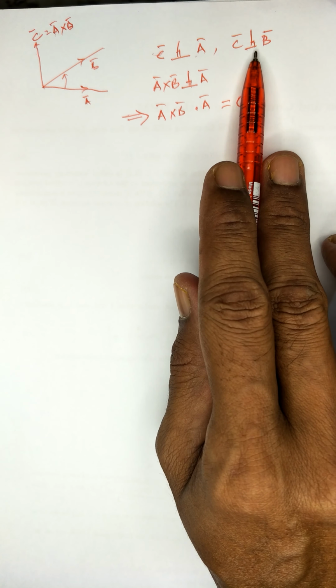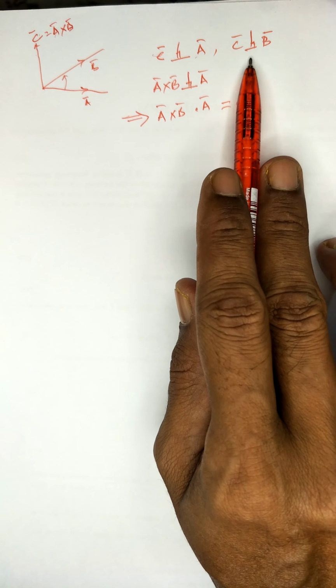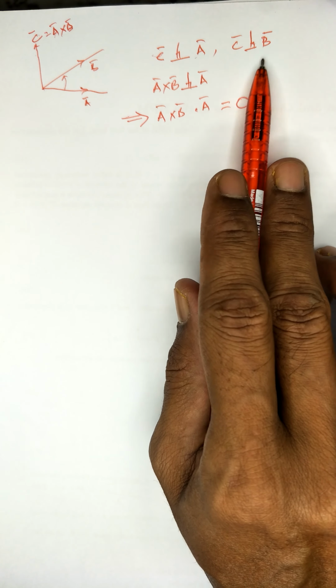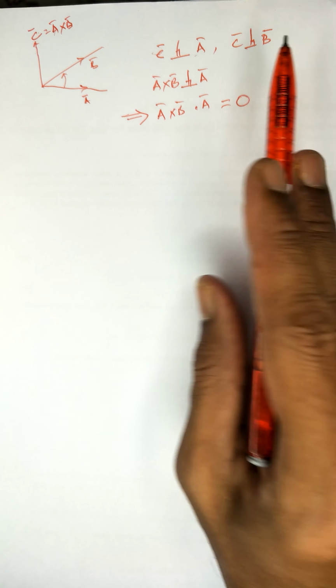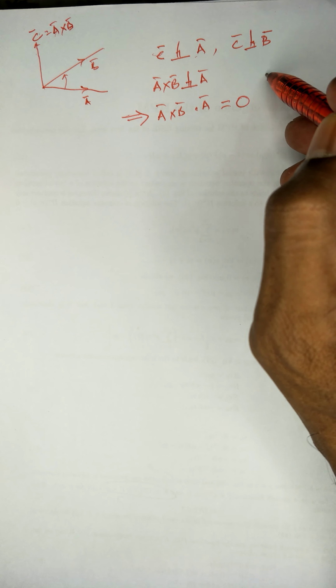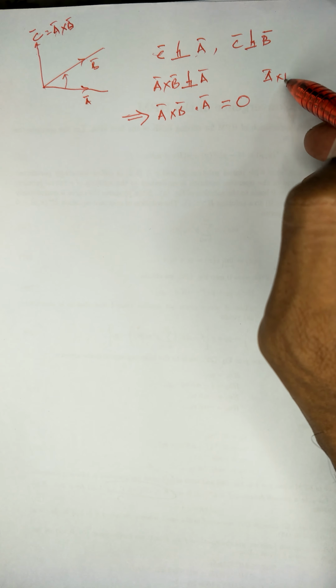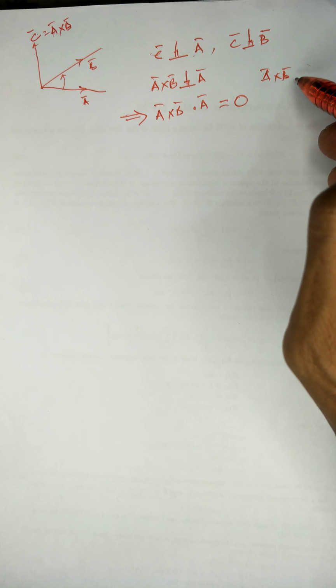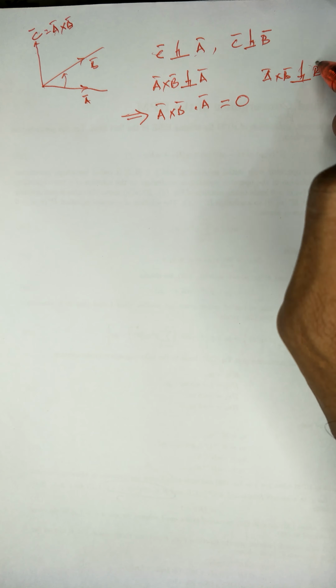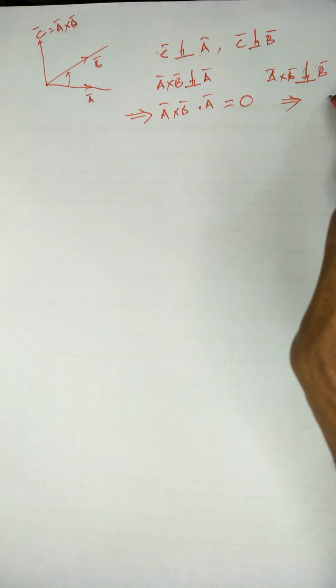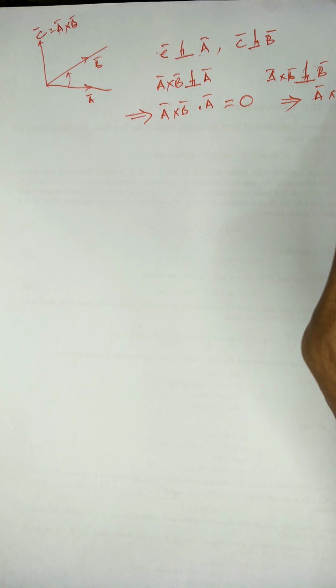The same thing for the vector b. Our c, a cross b, is perpendicular to b, so a cross b dot b gives you 0.